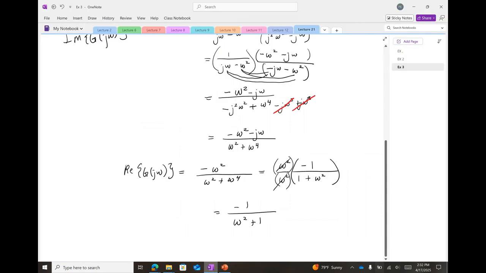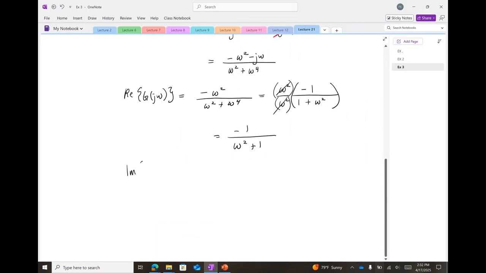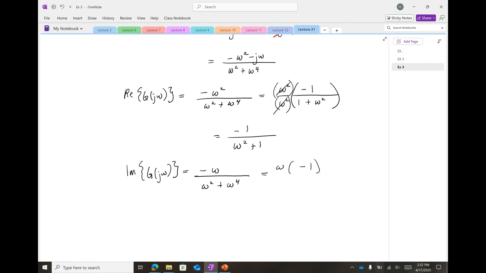Okay, and for the imaginary part, we get minus omega divided by omega squared plus omega to the 4th. Again, we can factor out an omega, so we get a minus 1 on the top, and if we factor out an omega on the bottom, we get omega plus omega cubed.